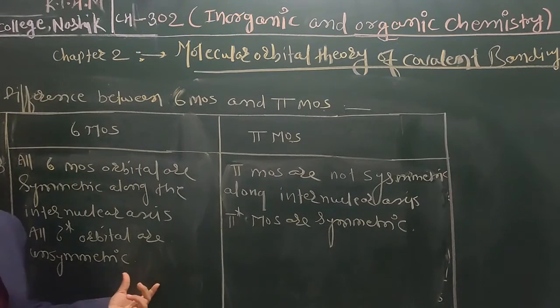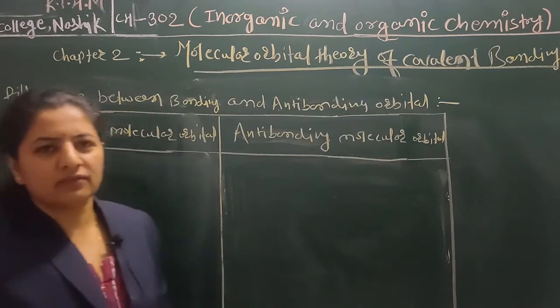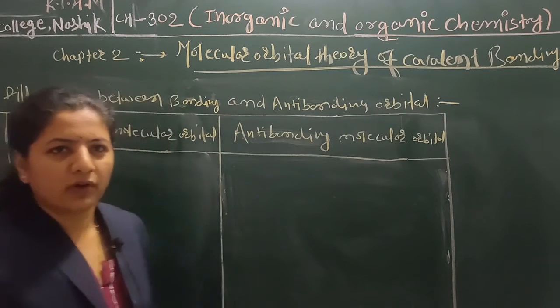So this is the main difference between the sigma MOs and pi MOs. Now let's discuss what is the difference between the bonding and anti-bonding molecular orbital.